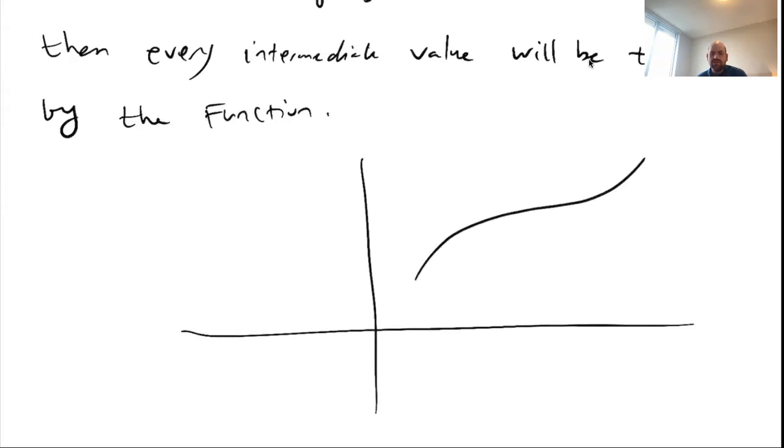So you have a continuous function. Continuous, we know intuitively, means that there is no hole or break on the graph of the function. So we have, let's say, some point A here and some point B here.